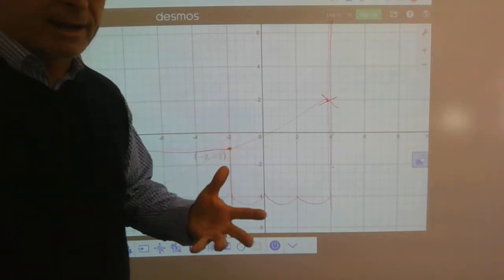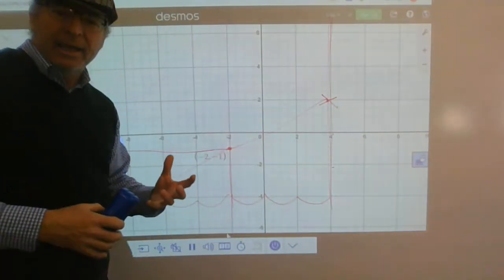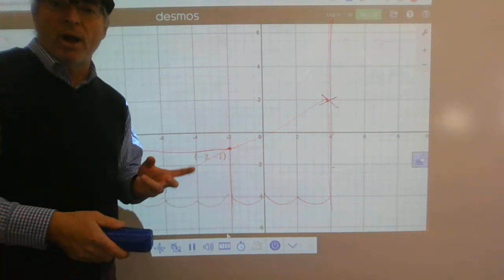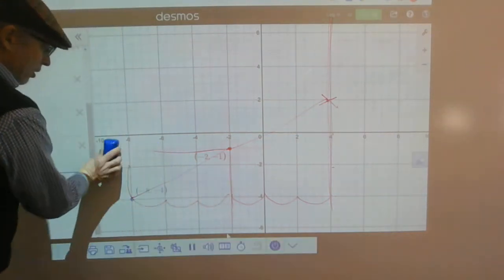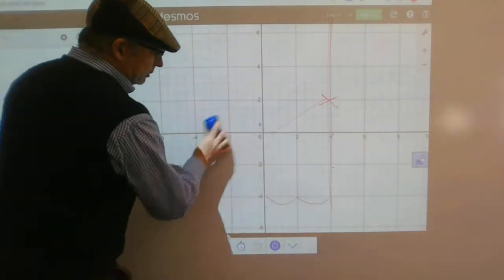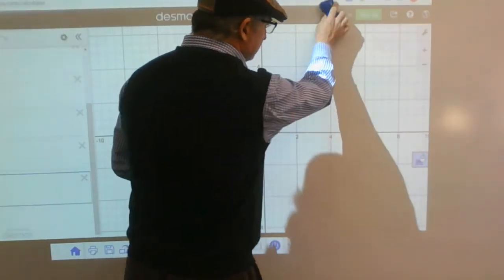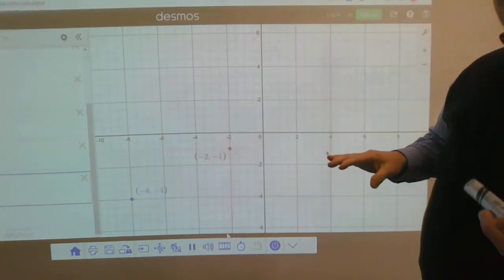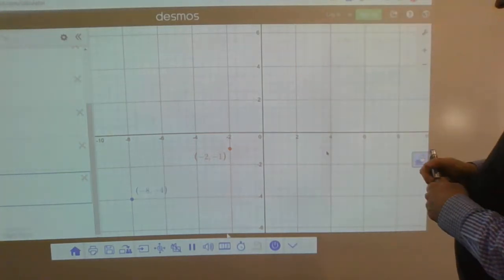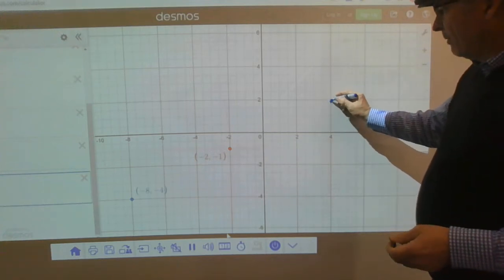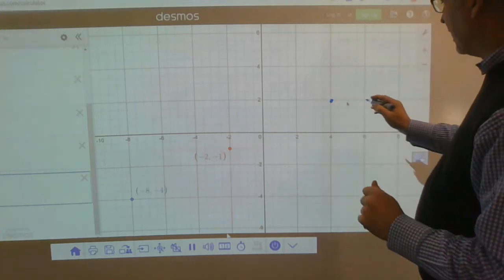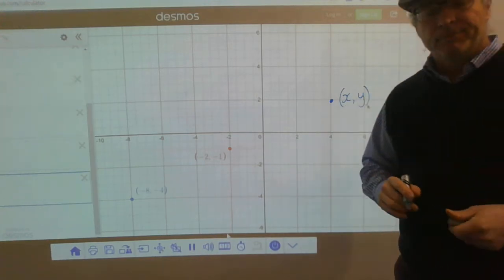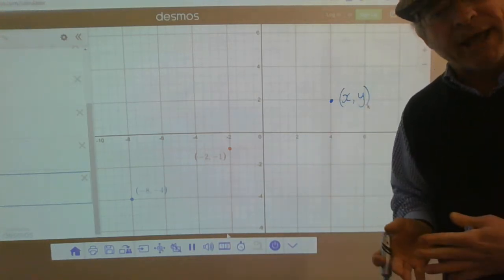So you could have done it by jumping along, but what about if we want to not have to draw it, or if you want to use a more algebraic kind of approach? So one way to do it would be to let this point be x, y. And all we have to do is find out what x and what y are.